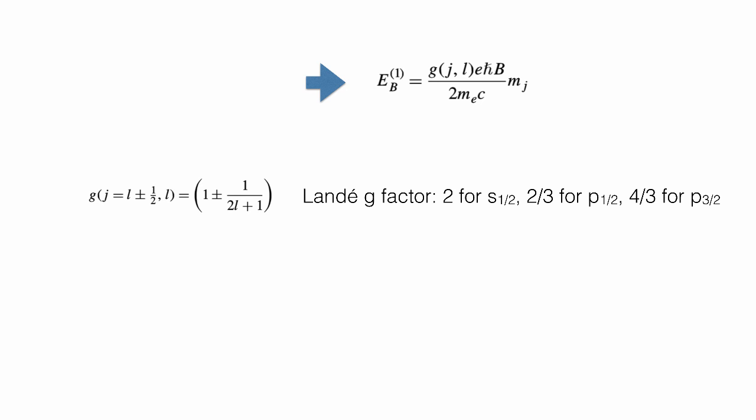And then we found that in fact for any state the correction is a function of J, the total angular momentum, and L, the orbital angular momentum, and we usually call this function the Landé g factor, that can be measured for different states of the hydrogen atom, and then we can use that to determine the different states of the hydrogen atom.